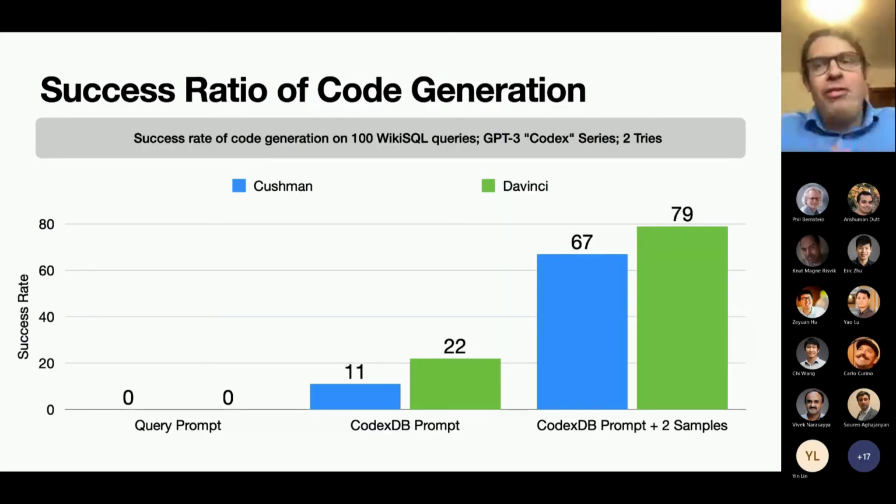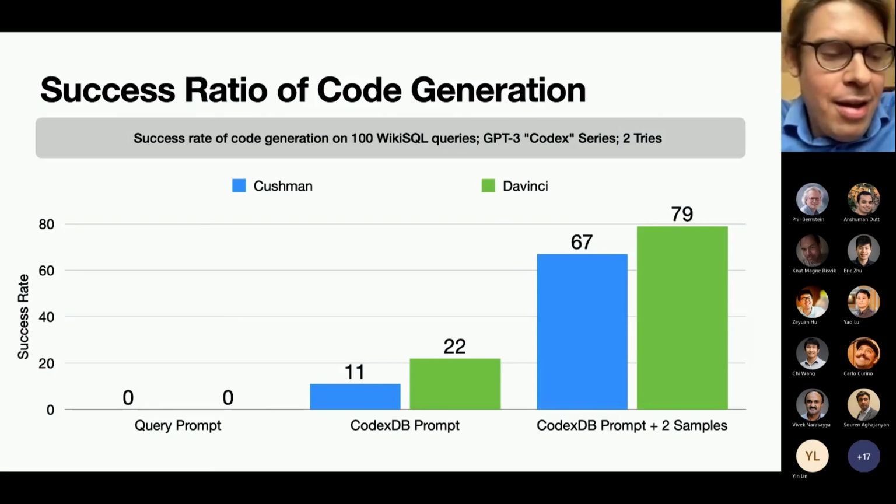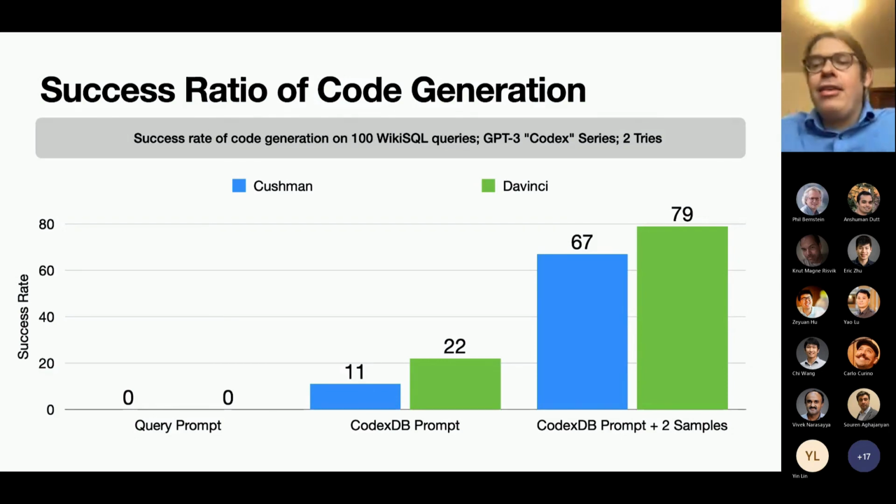And now, speaking of improvements to the model, with this few-shot learning approach, the ratio of solved test cases that we are getting here with the most powerful version actually reaches 79%. And now there's a huge difference to before.